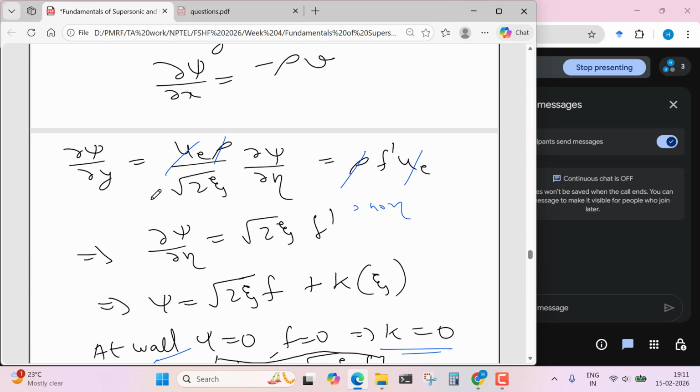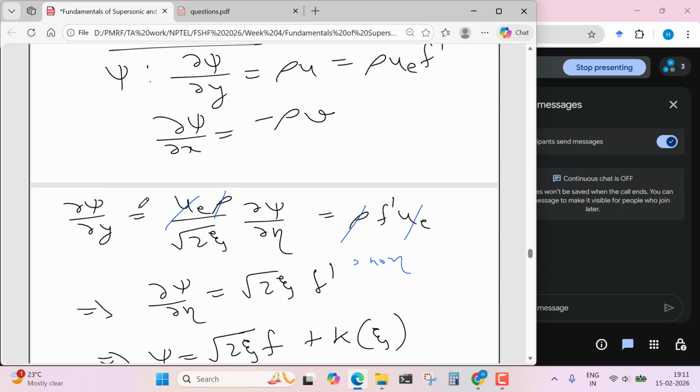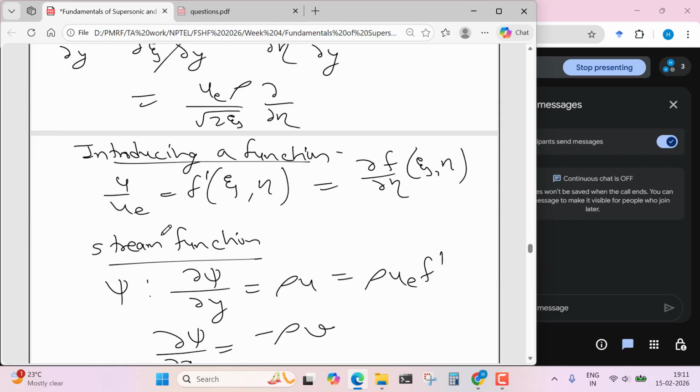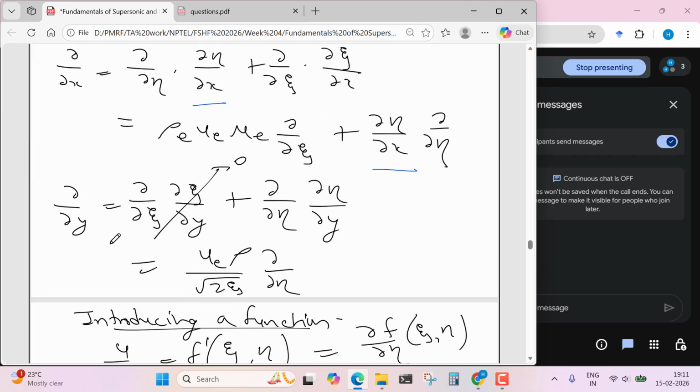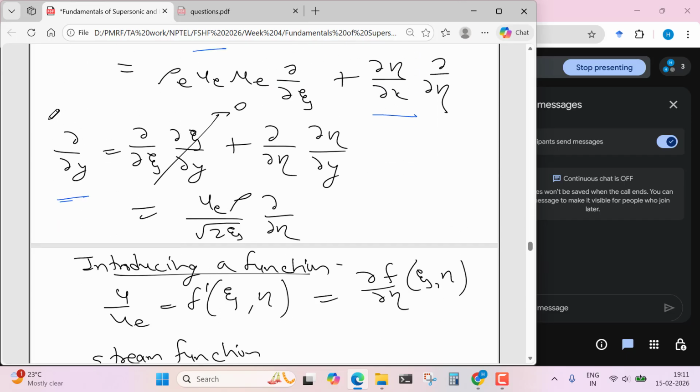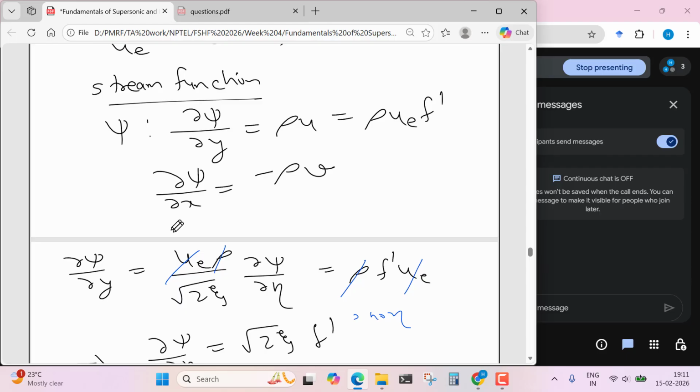Now if we take this ∂ψ/∂y, this equation we found: ∂ψ/∂y equal to ue ρ upon √(2ξ) ∂/∂η. So if we substitute ψ here, we will get ∂ψ/∂y equal to ue ρ upon √(2ξ) ∂ψ/∂η.